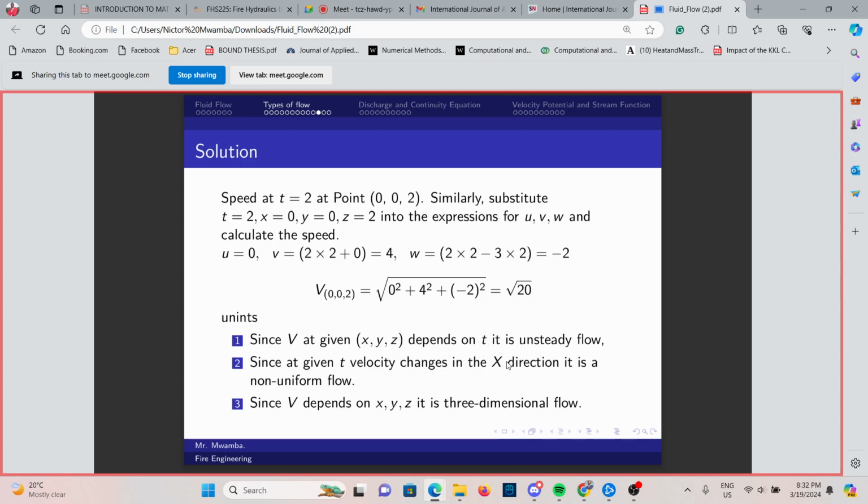Here I just specified one space coordinate, but you can say that since it is dependent on the space coordinates x, y, z, then it is non-uniform.